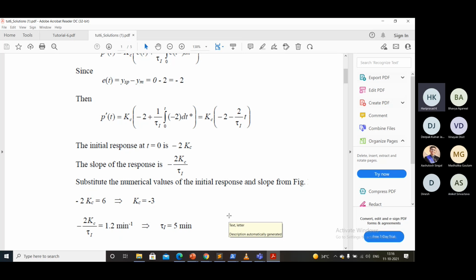Ashutosh, Bhavya, Deepak, Dinesh, Matulika, Vinayak, are you all with us? Yes, sir. Okay, then it's fine. It was a relatively smaller problem. Now you can go to question 2 and explain it.